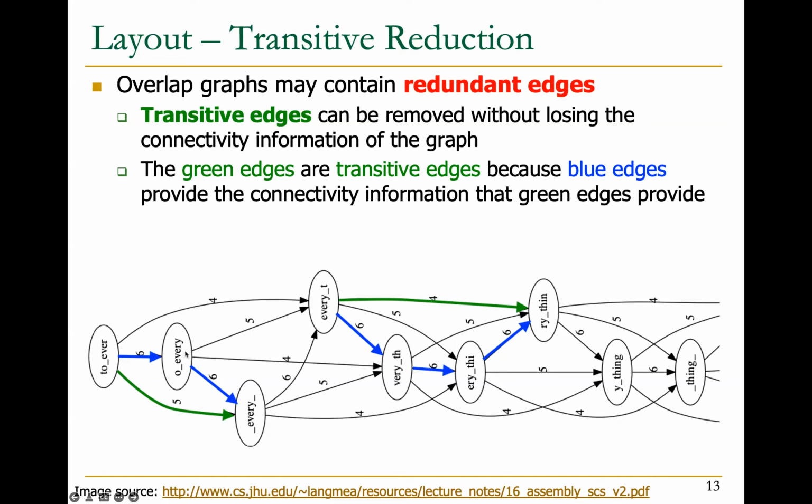Such cases may happen in the graph, where removing the other one loses some connectivity information. That's why the green one is the transitive edge, and the other one is not.